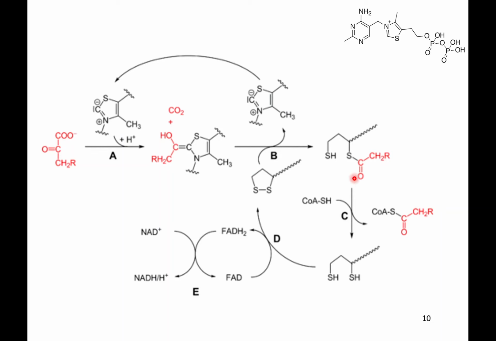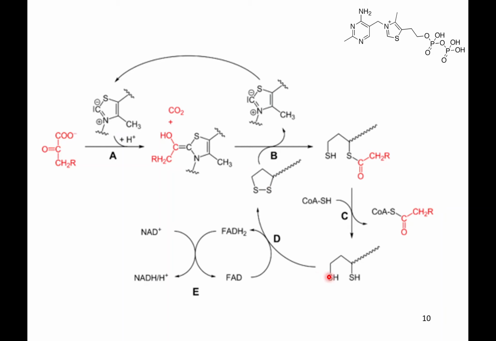That leaves. In the process of doing that, lipoic acid becomes reduced, and it needs to be oxidized to be able to do this again. And so that's where we have this oxidation reduction cycle. The oxidized cofactor FAD will oxidize lipoic acid back to the oxidized form.